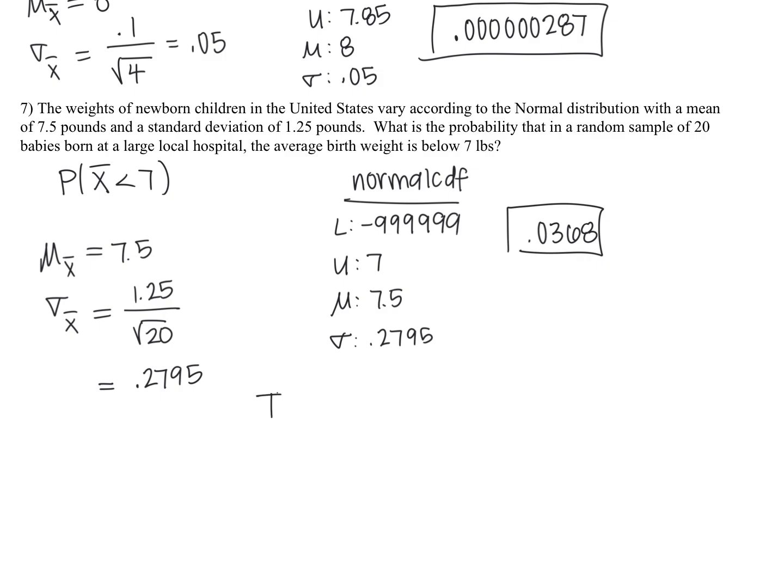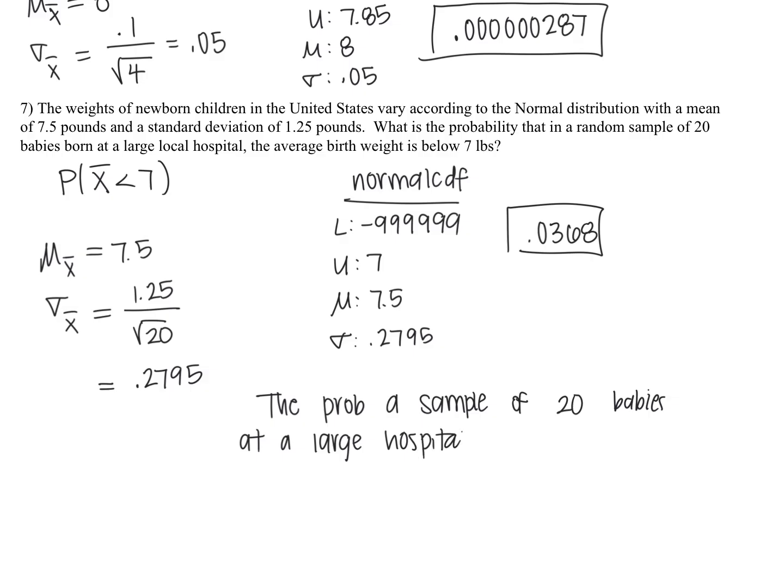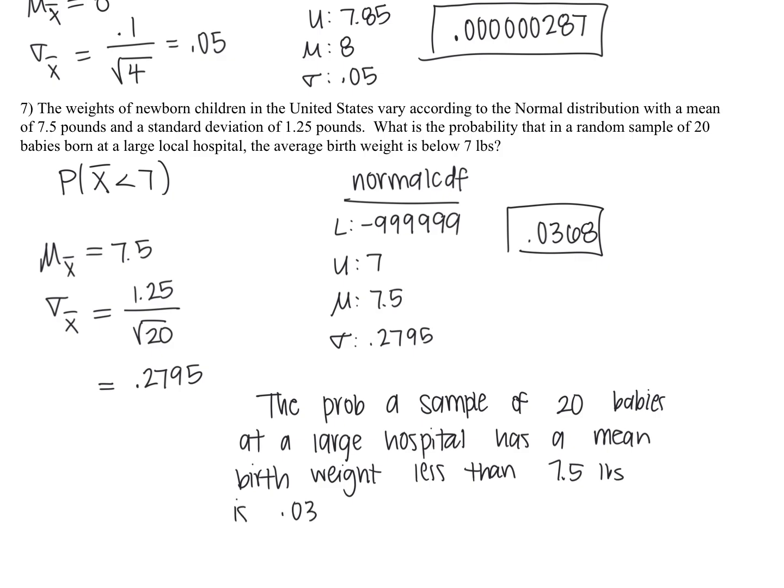So for our sentence, the probability a sample of 20 babies at a large hospital has a mean birth weight less than 7 pounds is 0.0368.